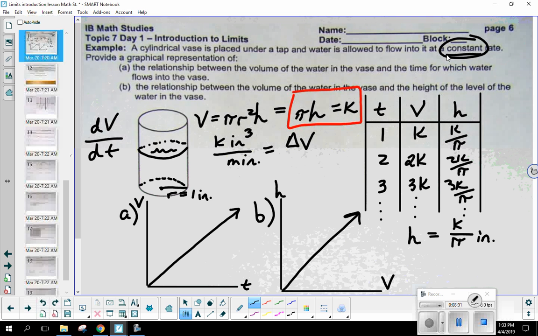Does anybody know what that stands for? Okay, this represents a derivative. This is referring to the change in volume with respect to the change in time. There's another way you could look at this, but I thought this is probably the better way to go because we haven't really talked about this notation or derivatives yet.